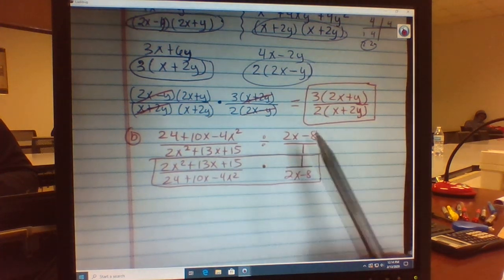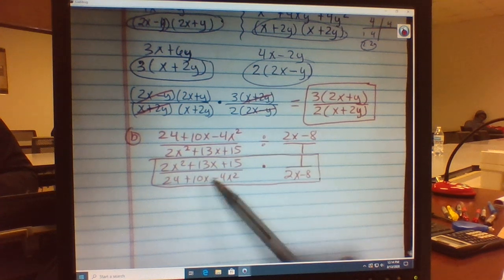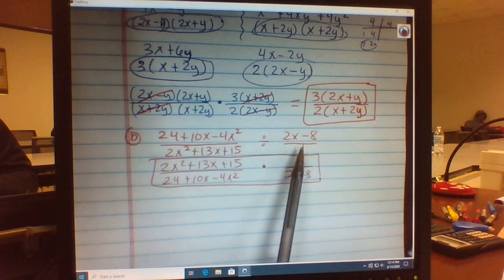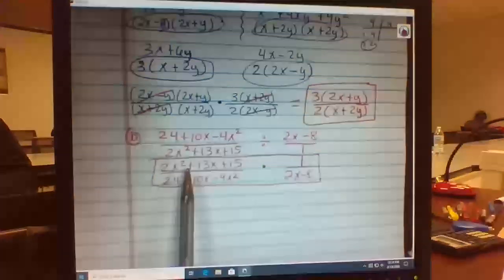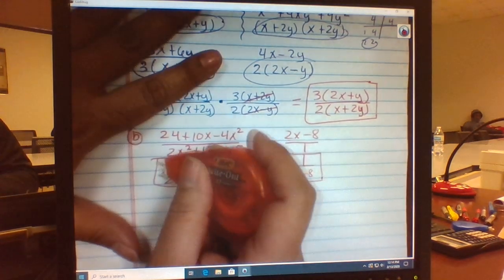So once again, they're going to give it to you just by itself. You need to put it over 1, and then you have to do the same thing. Wait, I switched the first part. The first one stays the same.